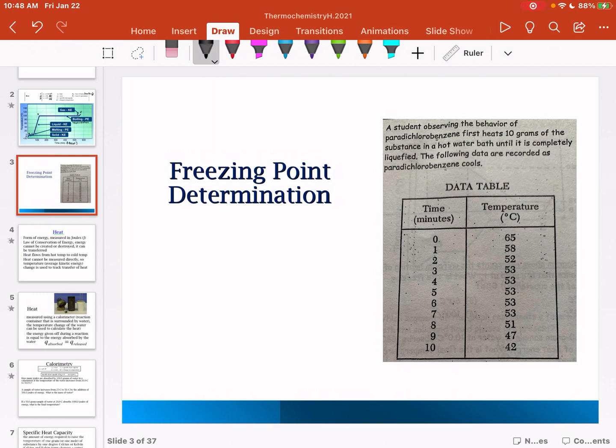Consider what this might look like if I had that same set of axes that we were just using, where I were to consider time. Now this time we are removing heat. And you can see that we said this substance is a liquid at the very beginning, and it started off at 65 degrees Celsius.